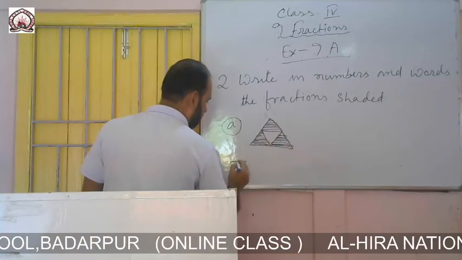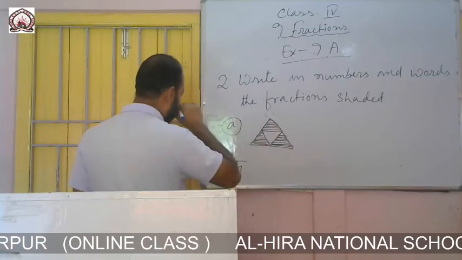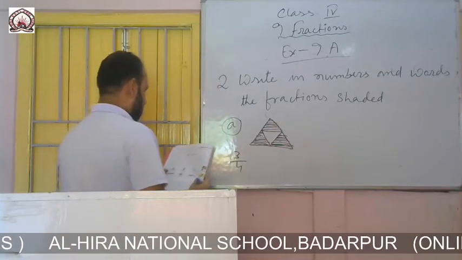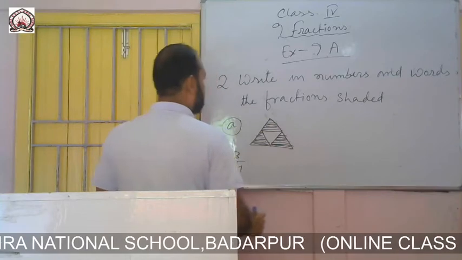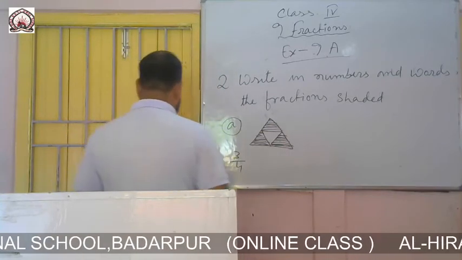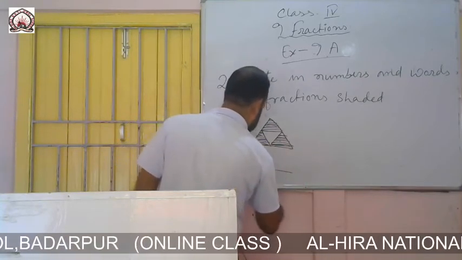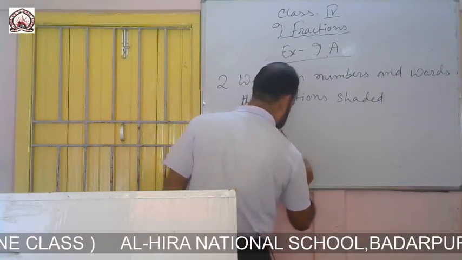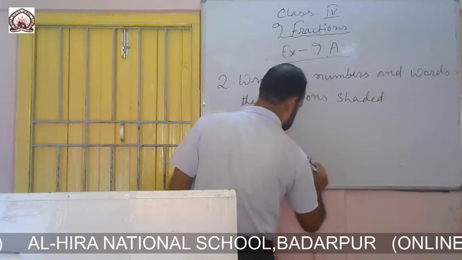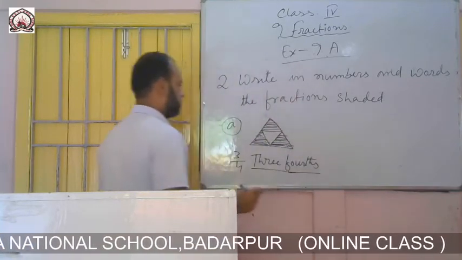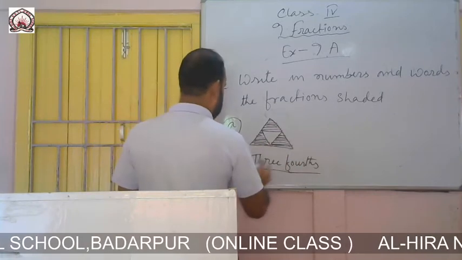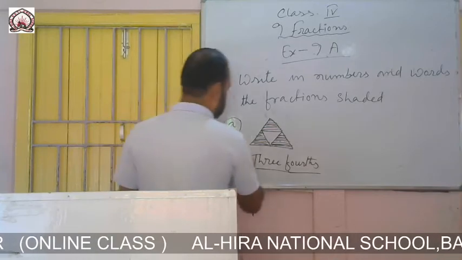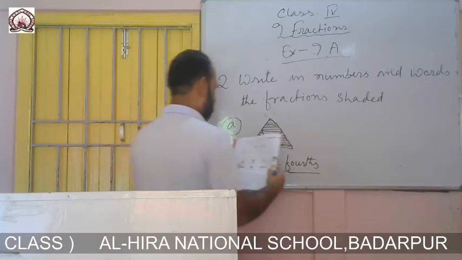Total number of parts equal to 4 and 3 parts are shaded, so 3 by 4. If we write this in words, then we write 3/4. Out of 4 parts, 3 parts are shaded.